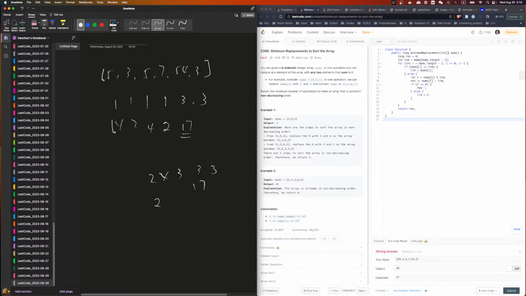So you keep taking it away until you hit a point where you have a remainder, right? So you have a Q and R, that's a divmod, right? Which is your nums I and your limit, right? And R is going to be smaller than limit.